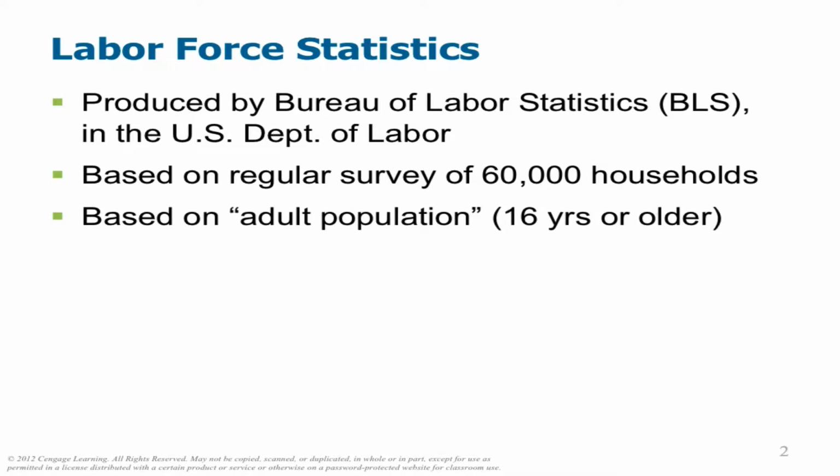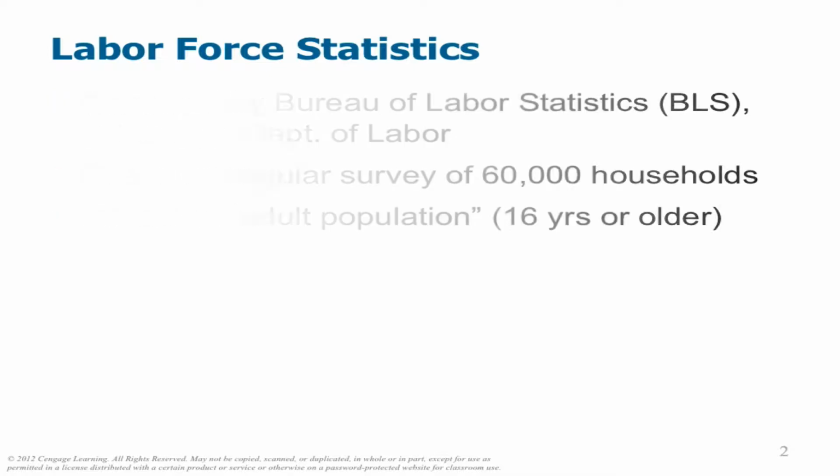They look at the adult population. Don't get all hurt that adulthood for the Bureau of Labor Statistics starts at the age of 16, but that is the legal age of employment in most states. To work under the age of 16, you have to have a special document called a work permit.